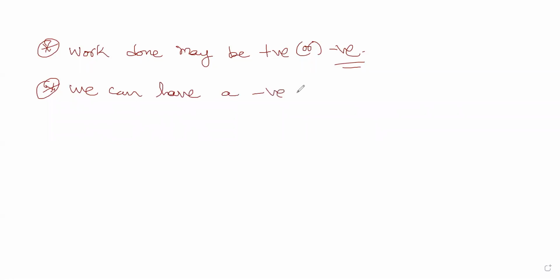Possible. We can have a negative work or a positive work. So suppose we solve a problem now, then we will understand what is the negative work and the positive work. Now we'll solve a problem.